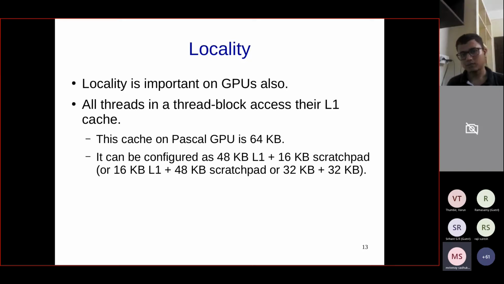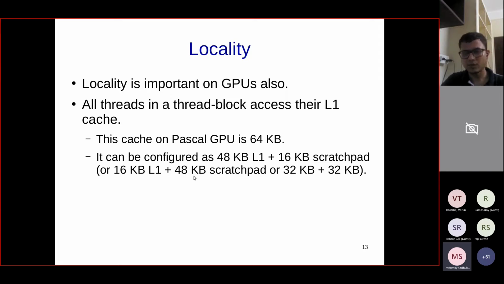Threads in these thread blocks can use this L1 cache. And up to some extent you can also specify that you want to use this L1 cache for storing this variable or that array, which can go into the scratchpad memory. And it is configurable, as I told: you can specify what chunk of scratchpad memory and what chunk of L1 cache you want.